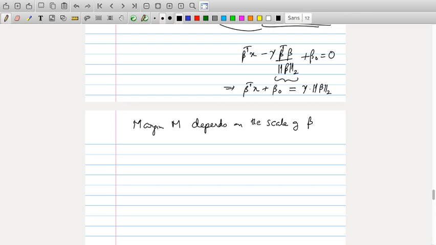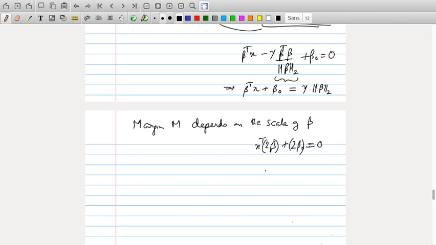Because if I have a hyperplane which is defined as x transpose 2 beta plus 2 beta naught is equal to 0, it is the same hyperplane, but I just multiplied beta by a scalar 2, and beta naught by the scalar 2.